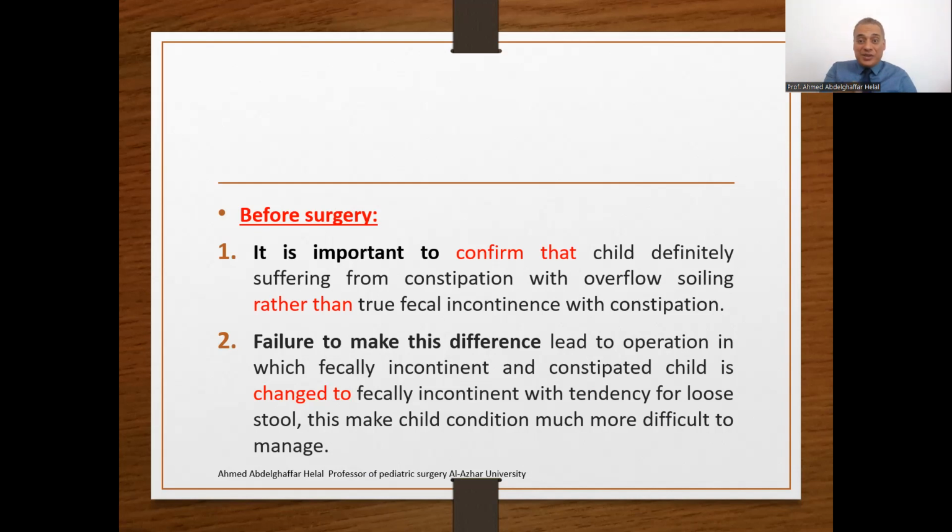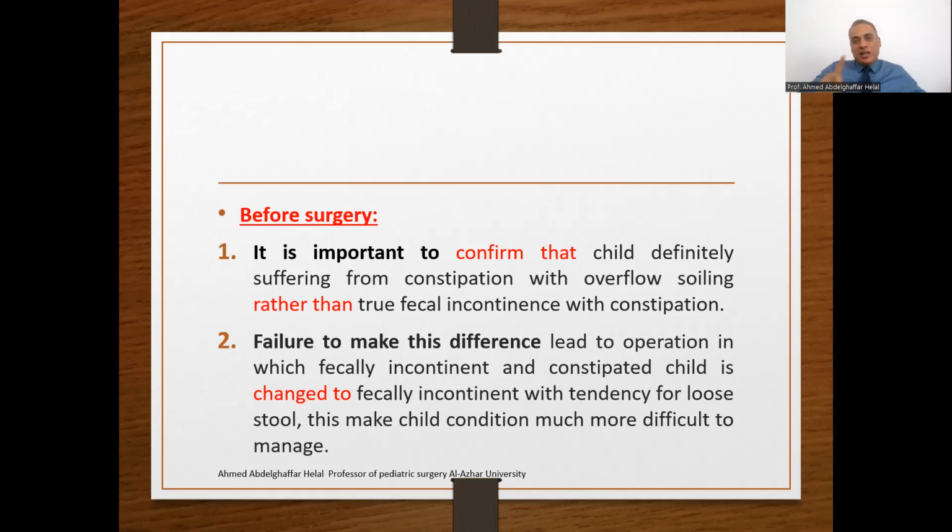Failure to make this distinction will lead to an operation in which a child who is truly fecally incontinent and constipated is changed to true fecal incontinence with a tendency for loose stool. This makes the child's condition more difficult to manage. If you perform resection of the colon in a truly fecally incontinent and constipated child, you change this child from true fecal incontinence with constipation to the second group, true fecal incontinence with loose stool, which is more difficult to treat.